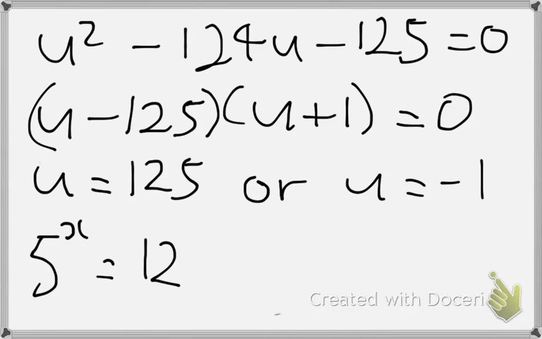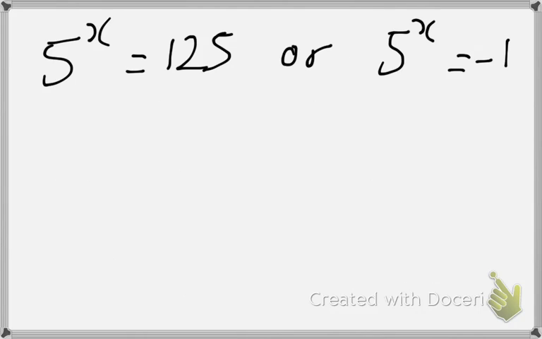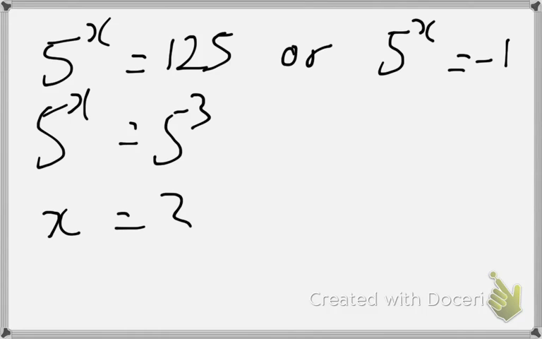So 5 to the power of x equals 125, or 5 to the power of x equals minus 1. When I look at the left-hand equation, I have 5 to the power of x equals 5 to the power of 3, therefore x equals 3. Just equating the indices.